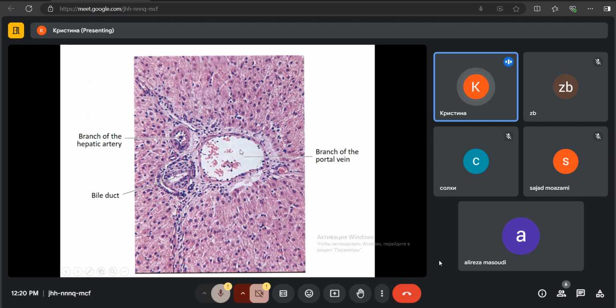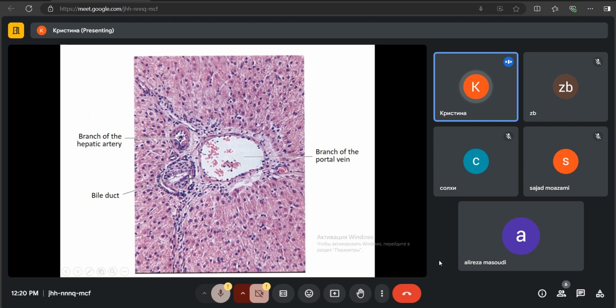As I said previously, about 75% of blood which comes into the liver is the venous blood in the vein. So the veins are larger than arteries, and so the largest element always will be the vein. And others should be the artery and bile duct.